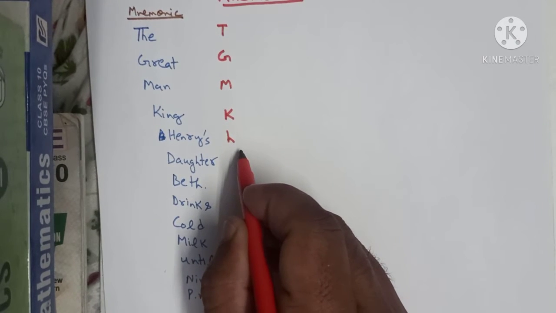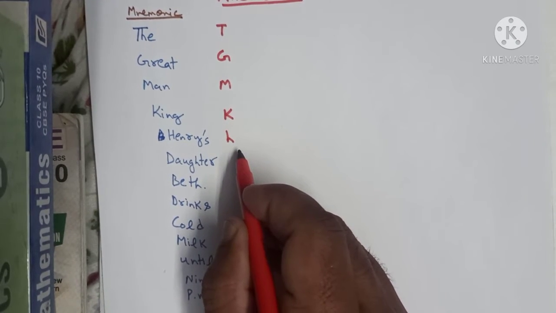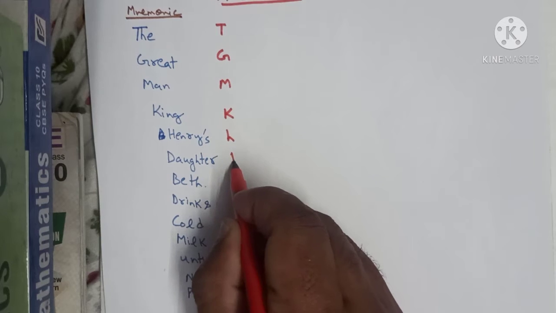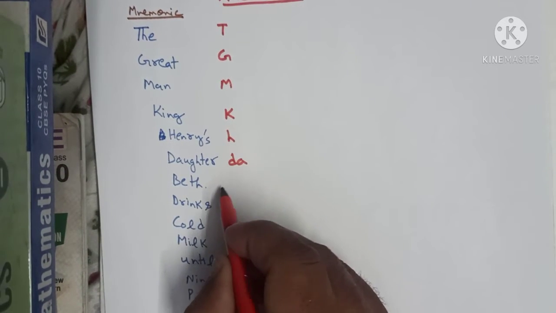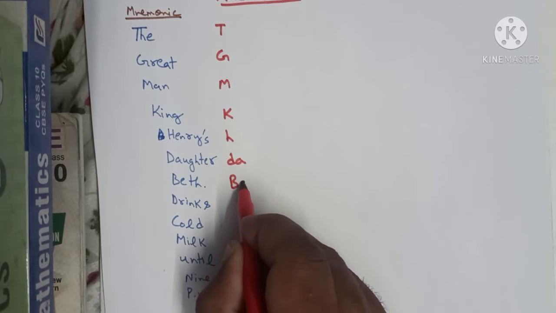Daughter is D A, and Beth stands for base.